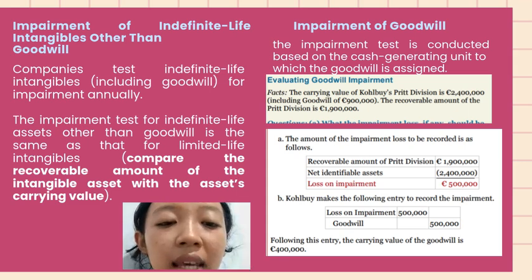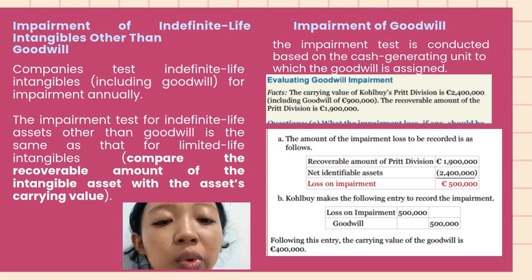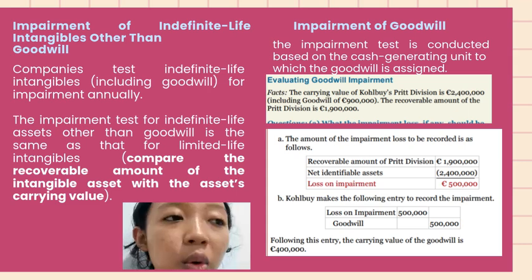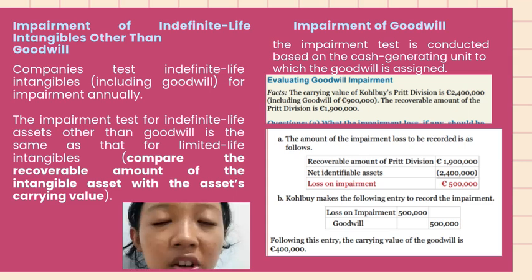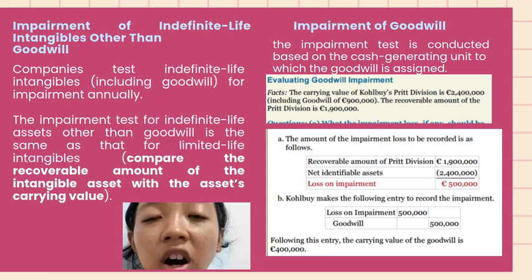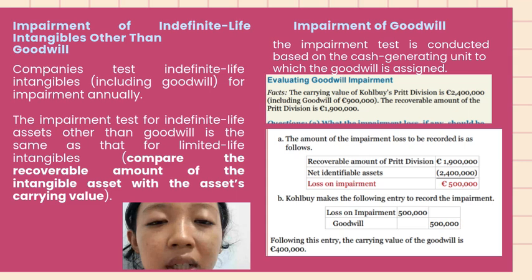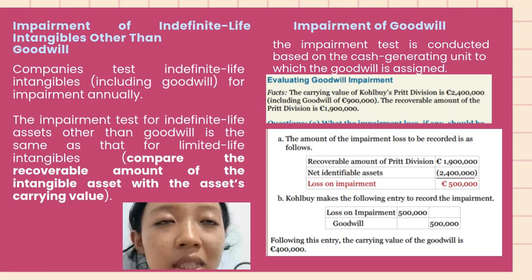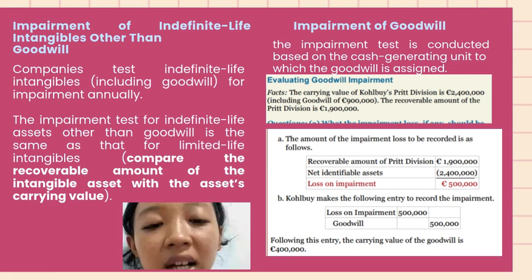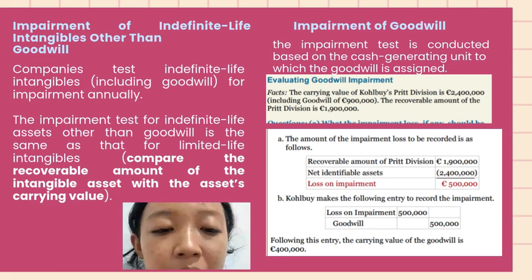So we know the CA is 2.5, meanwhile the RA is 1.9. We know that CA is bigger than RA, it means there's impairment. So we will find the amount of impairment loss that happened. CA minus RA, and then we got 500,000 as the loss on impairment.